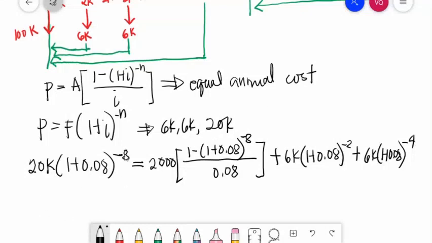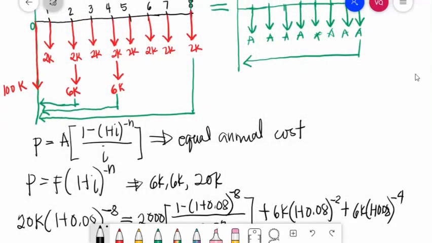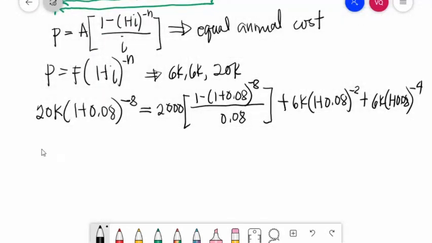So, the equation of this one is now equal to A times 1 minus (1 plus i), which is 0.08, raised to negative 8, all over 0.08.